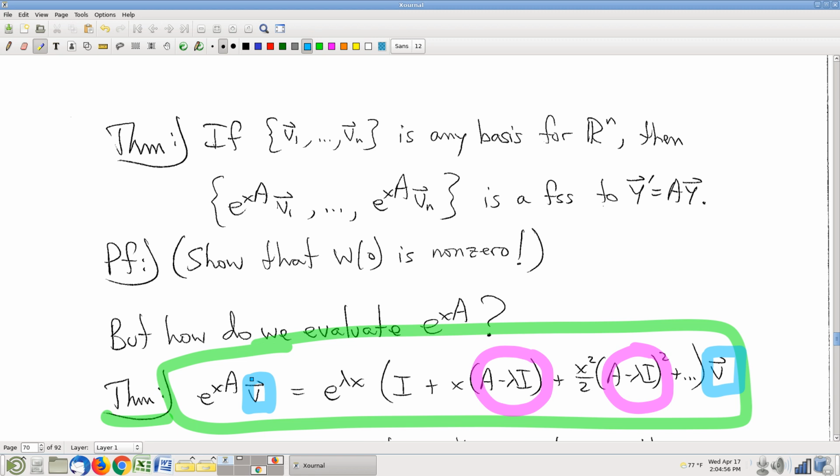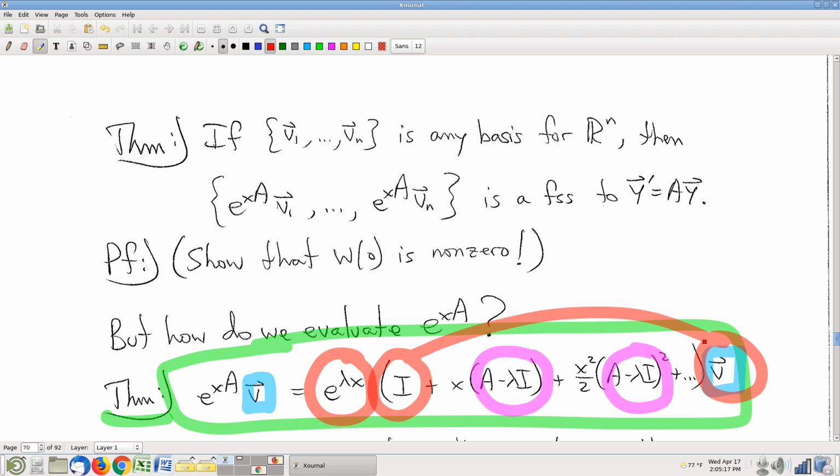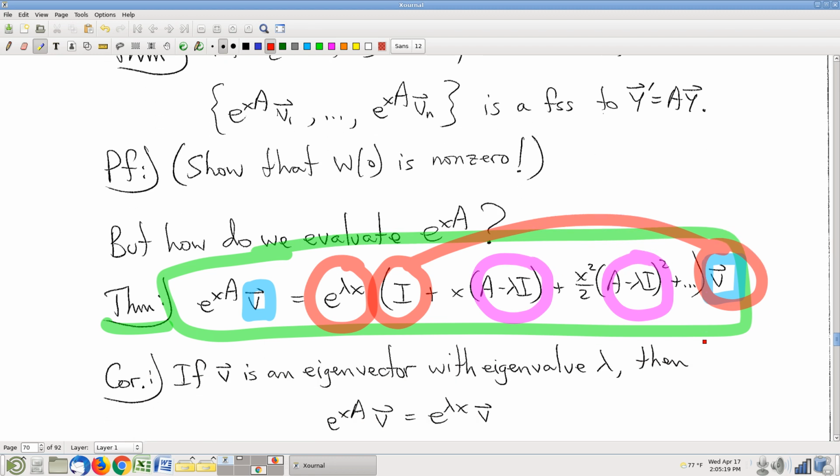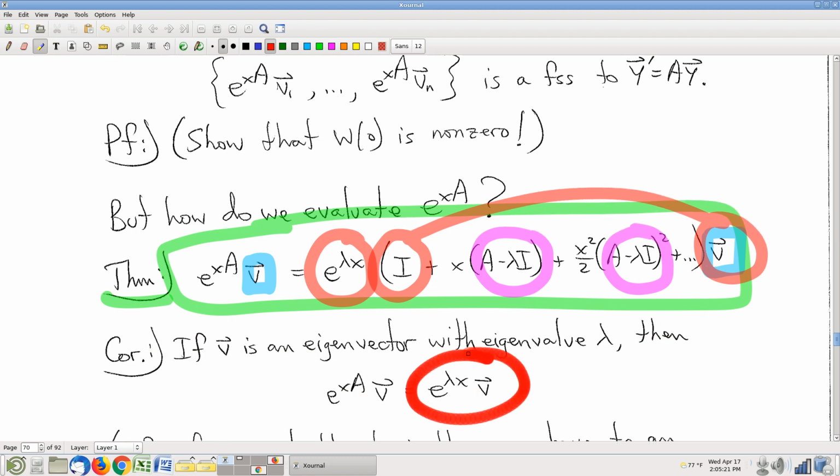All the remaining infinitely many terms in this series, when you multiply by v, disappear in a puff of smoke. Right? So for eigenvectors, this is kind of awesome. For an eigenvector, you just get e to the lambda x times the identity matrix times the eigenvector. In other words, you get just e to the lambda x times the eigenvector.